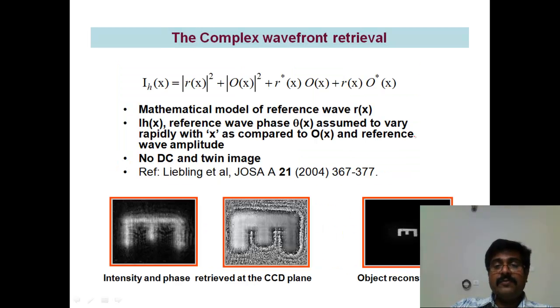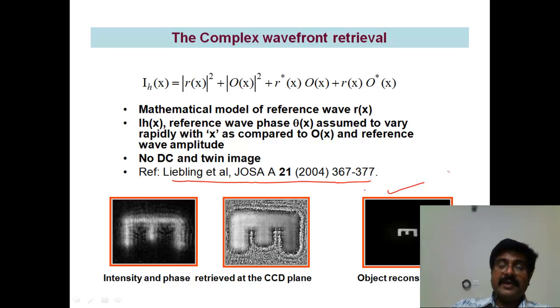When the same hologram was reconstructed by a different algorithm, which is the nonlinear complex wave retrieval method proposed by Labeling et al., published in this journal, one is able to get a better result, with noise and DC all filtered off. So this is the scope of digital holography. By developing an appropriate algorithm, one can improve the results, and only specific required information can be retrieved.